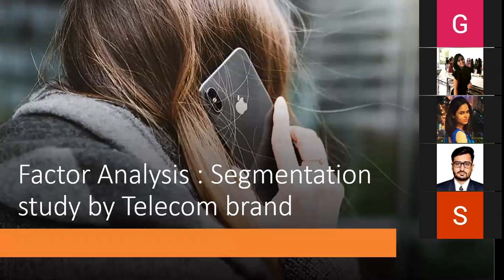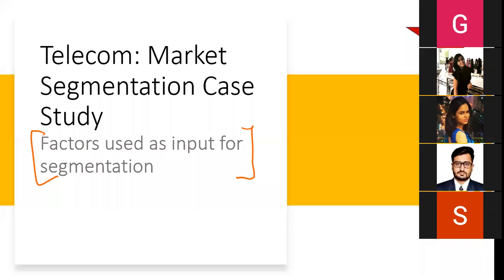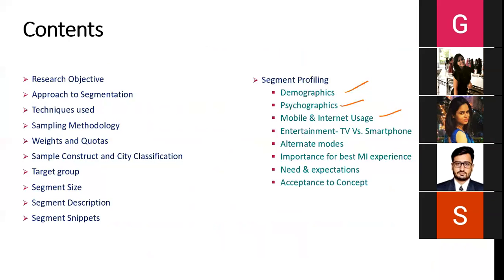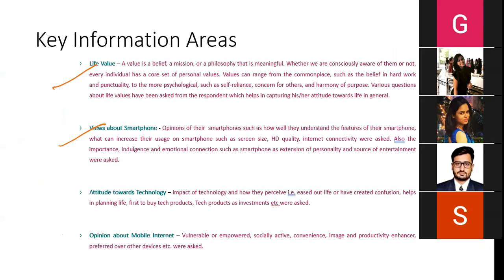Next, we discussed this example, wherein this telecom brand did a segmentation study, and factor analysis was the first step. We had hundreds of statements because we were trying to figure out the psychographic profile of these respondents, their attitude towards technology, attitude towards the internet, and all those things, to get a better understanding of them.